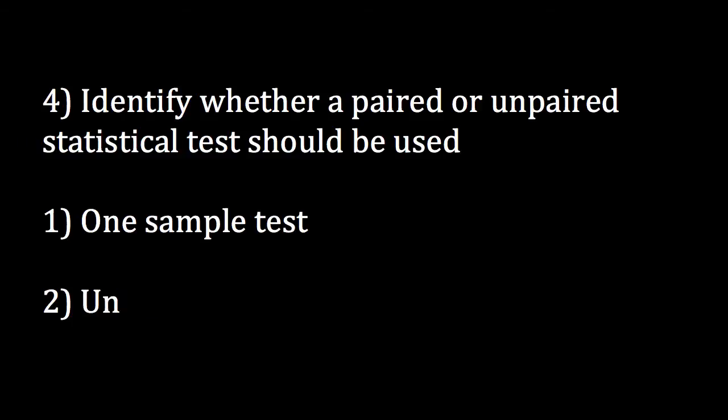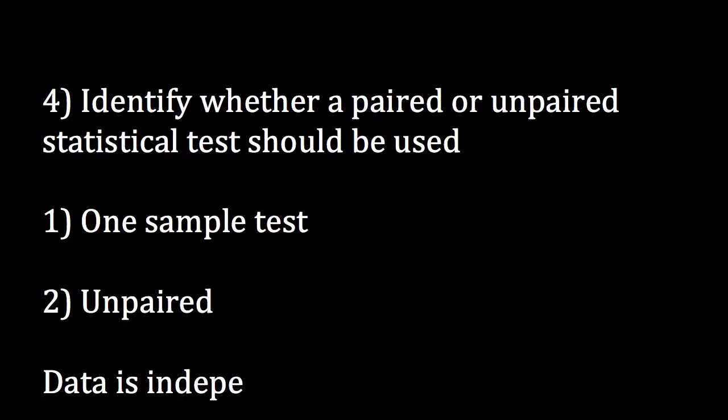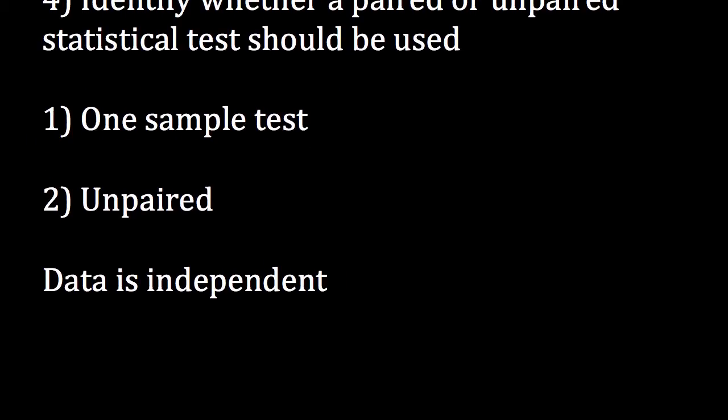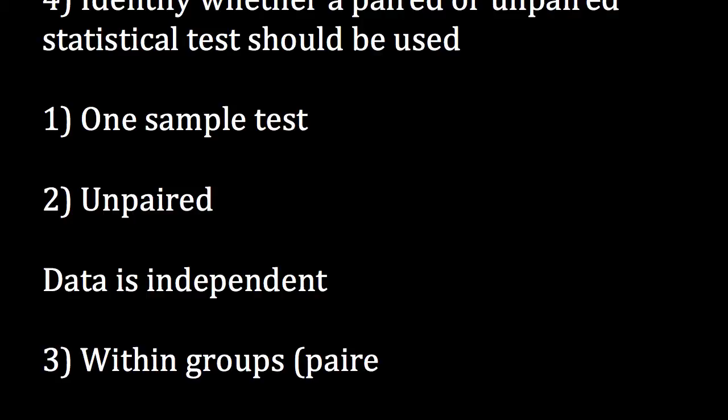So we have unpaired, and unpaired is when the data that is collected is independent of the other groups. So if we're looking at 2 groups and we have one group receiving a drug and the other placebo, there can't be any overlap between those 2 groups. That's in contrast to the paired statistical test, and that is within groups, or paired, and actually a way of saying unpaired is between groups.